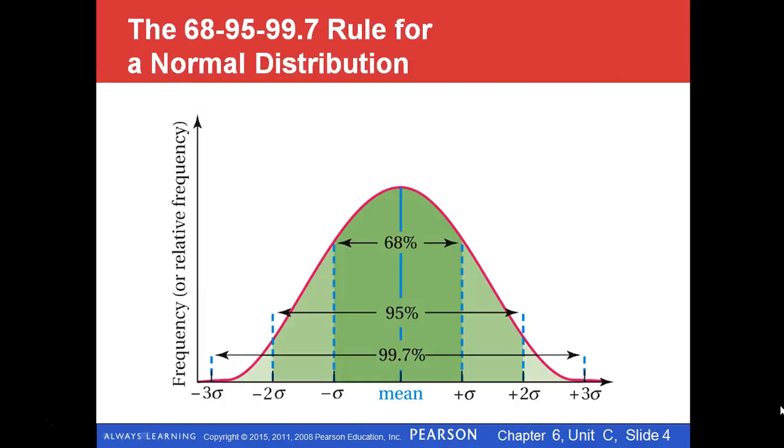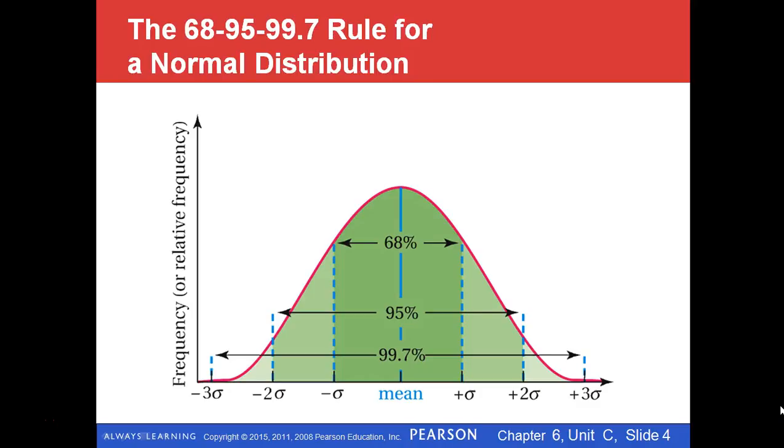Once we know that something is normally distributed, we can use the 68, 95, 99.7 rule to figure out what percentage of our data set appears within a certain number of standard deviations away from the mean.